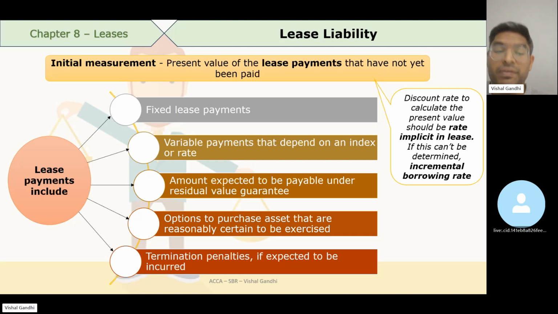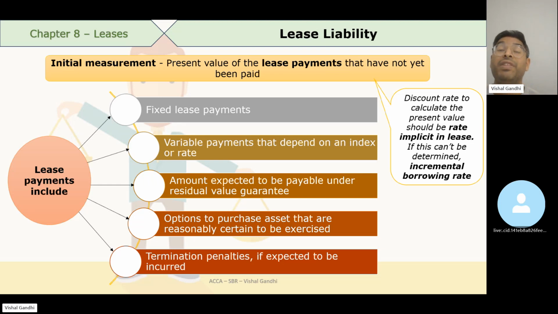Now there are two things. As per IFRS 16, for the lessee, every lease is a finance lease. Every lease is a finance lease. Now let's not go into lease first. Let's understand it as a finance. So suppose a person has taken a loan from a bank.